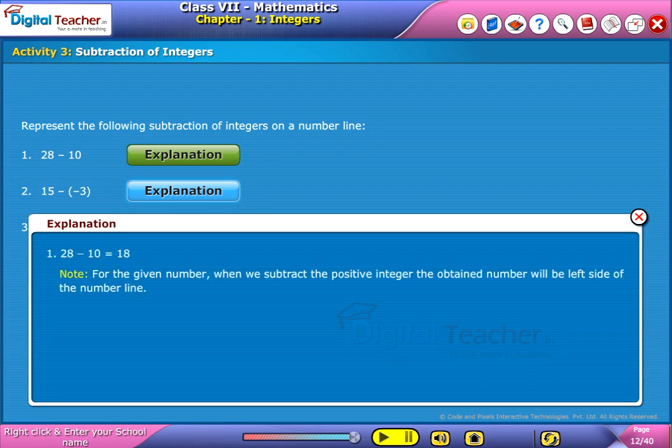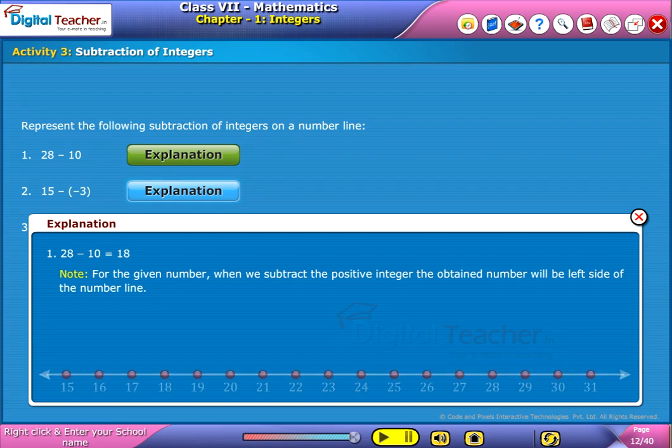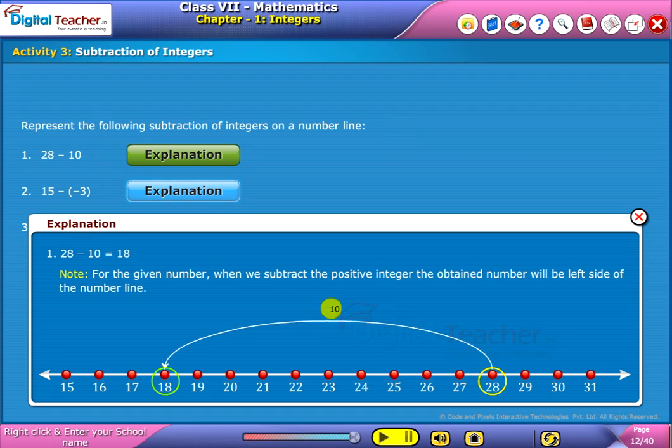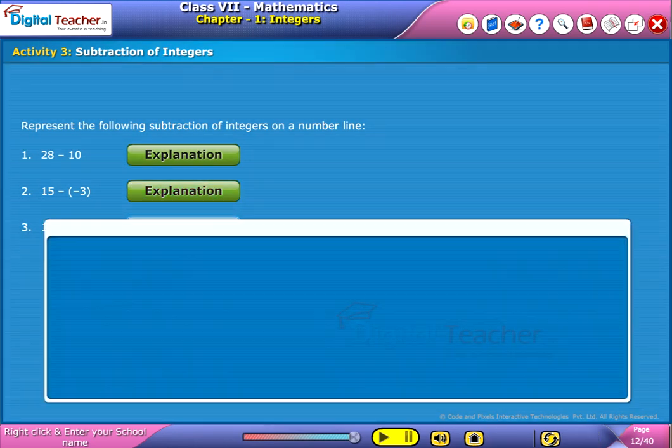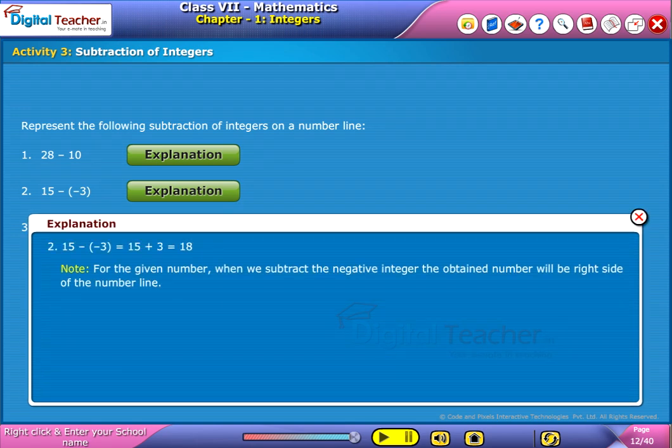Note: for the given number, when we subtract the positive integer, the obtained number will be left side of the number line. Its representation is shown on screen. Note: for the given number, when we subtract the negative integer, the obtained number will be right side of the number line.